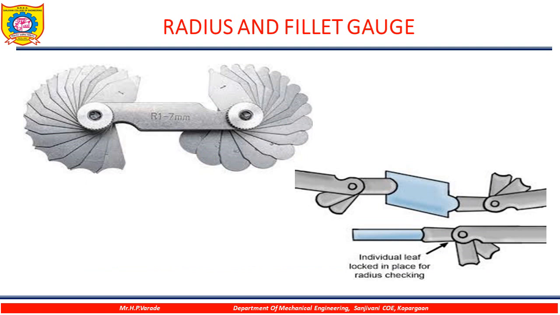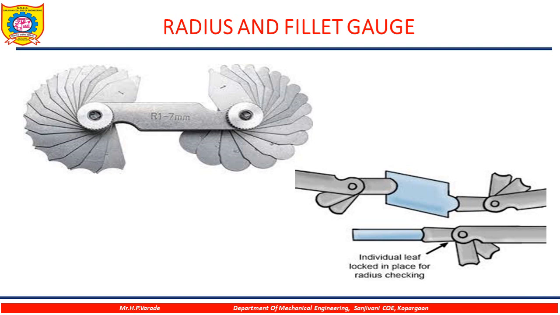Radius and fillet gauges. Radius gauges, as the name suggests, radius is generally given to avoid stress concentration wherever two surfaces meet. Hence, proper radius is to be applied at the required positions. When the external surface is curved, then it is known as radius, and this radius is to be measured with the help of a radius gauge.